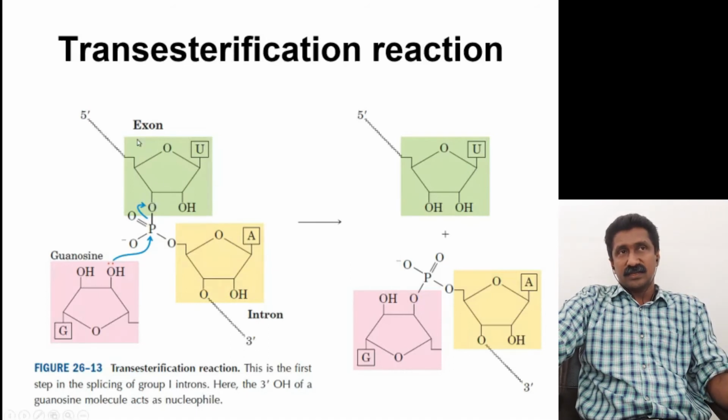In this sugar molecule there was an OH group, and this OH group is joined with the phosphate by eliminating a water molecule. This phosphodiester is formed here. Now if you can provide another OH group instead of the original one, then the bond will be shifted to this one.